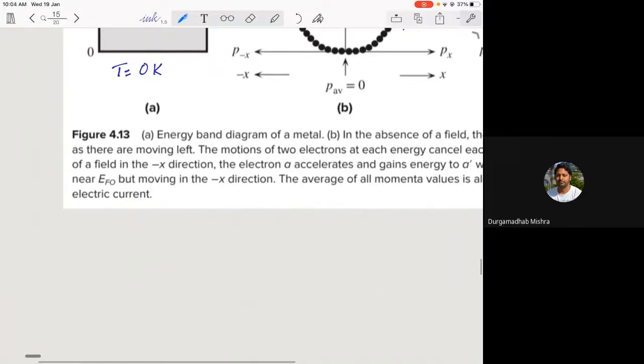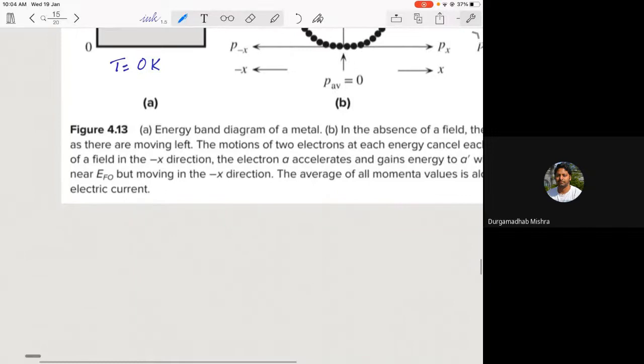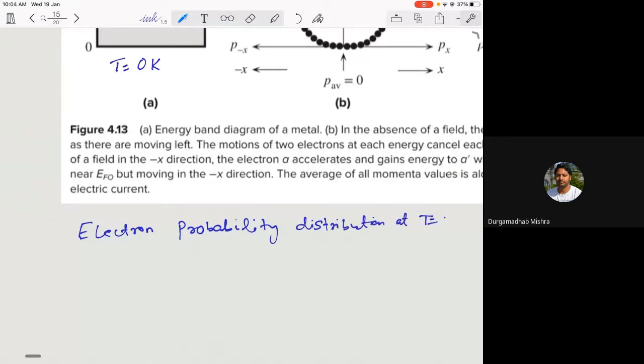We will look at it later. But one thing I can mention here is the electron probability distribution at T equal to 0 K.